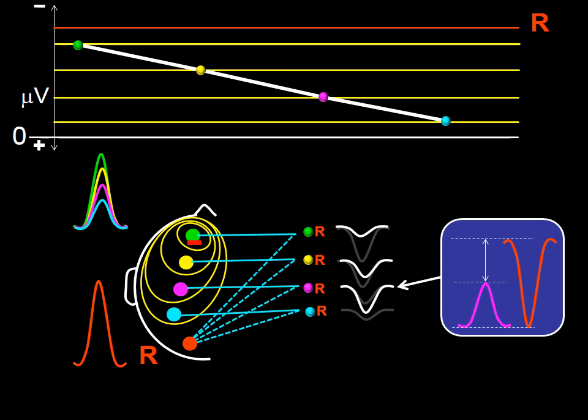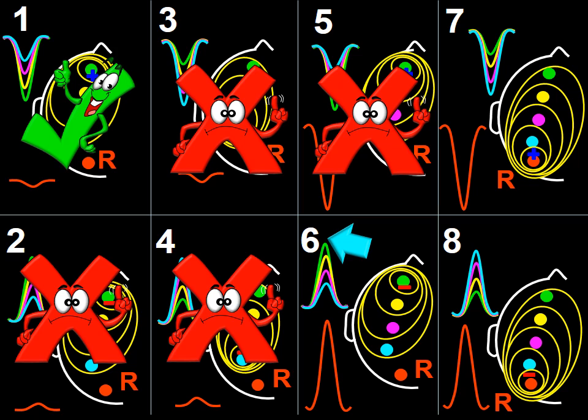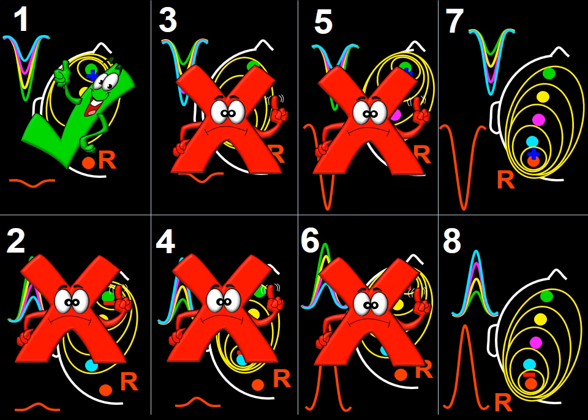This process continues: the further you go from the source, the bigger the wave will become. And this can clearly be noticed in the fourth derivation. So option 6 is also not a sound option.